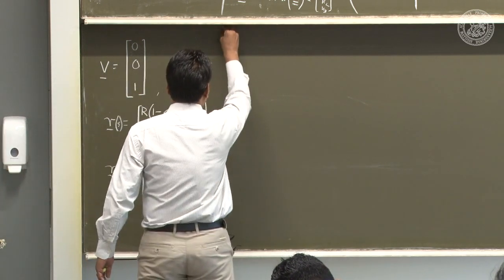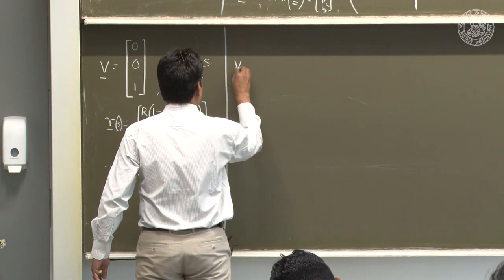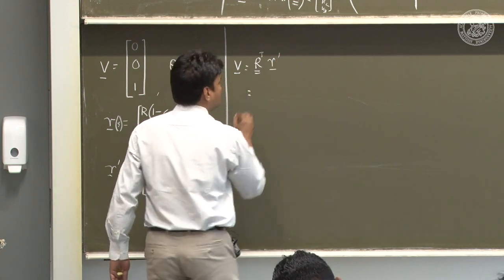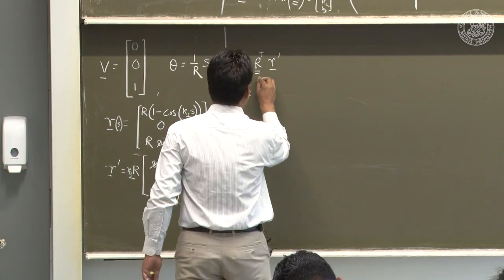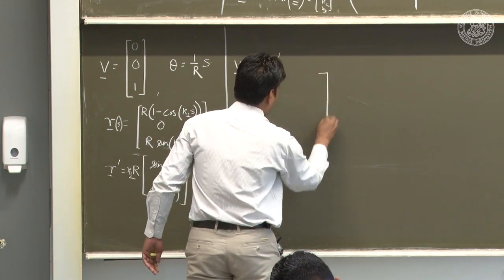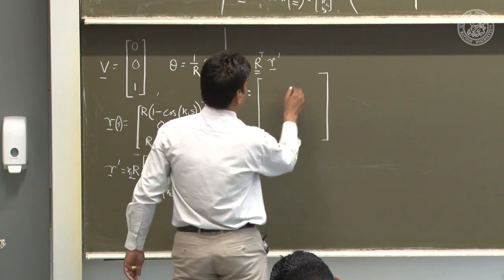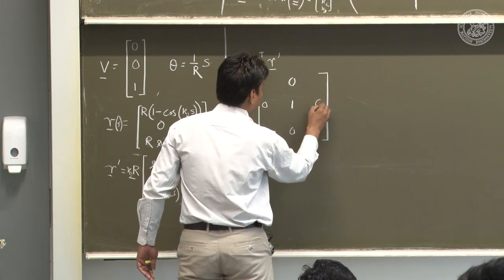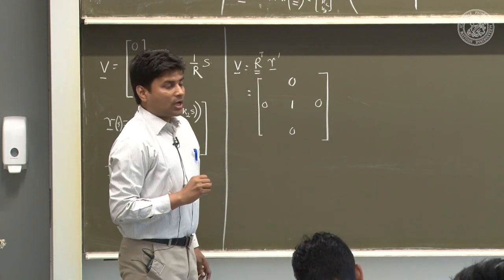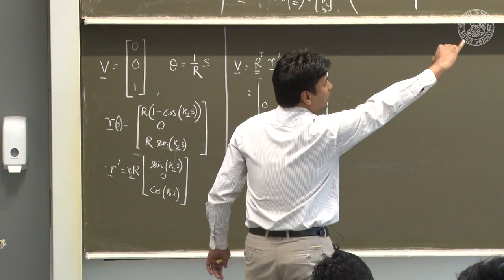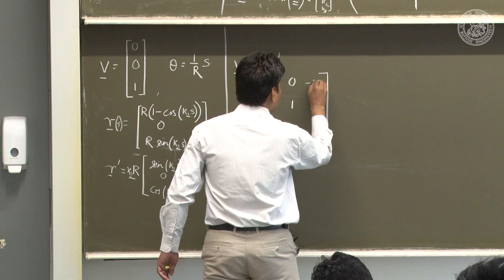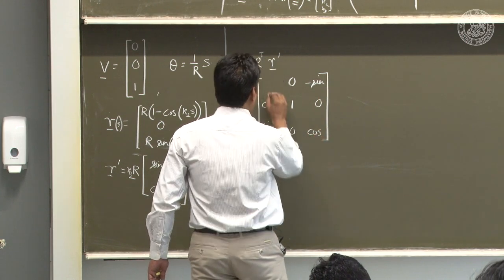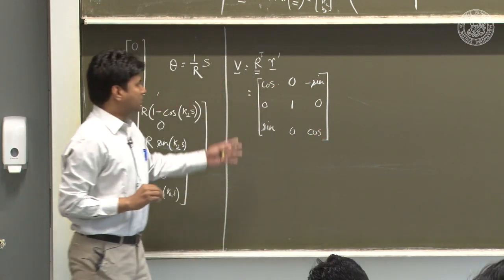And then what's your V? V is big R transpose times little r prime. The big R is a rotation about the 2 axis, so we need the transpose, and the signs just flip, with the cosines remaining where they are.